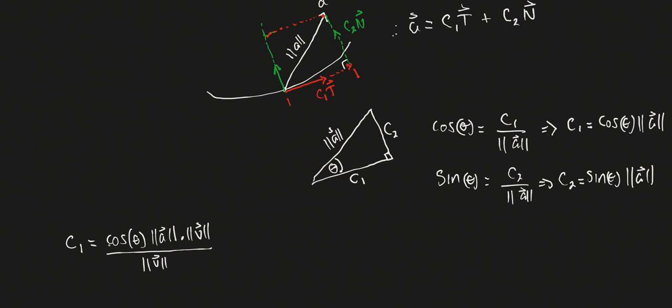Because if I look closely at this, going all the way back to our dot product, this is the definition of the dot product of A and V, acceleration and velocity.